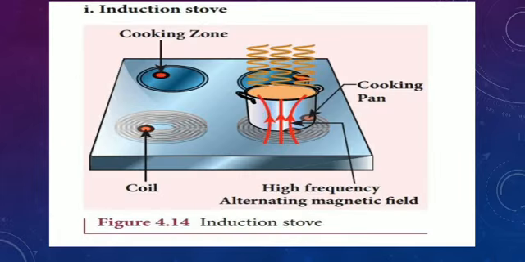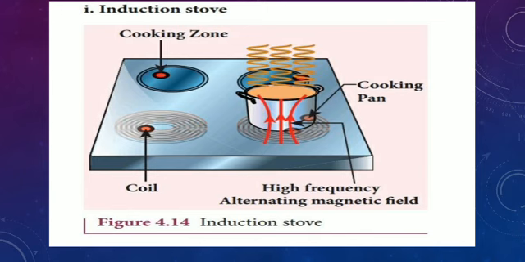See the first one, induction stove. See this cooking zone, and this is the coil. The coil is placed under it like this. And this is the cooking pan. High frequency alternating current: the coil is connected to the alternating current with a small circuit.